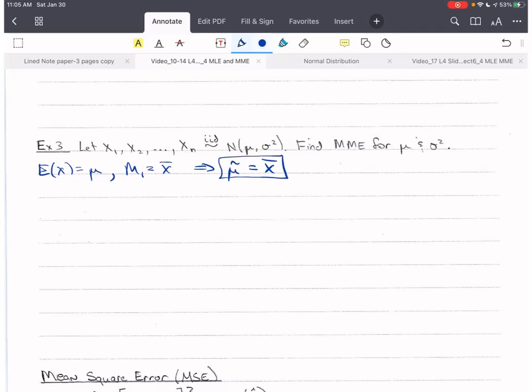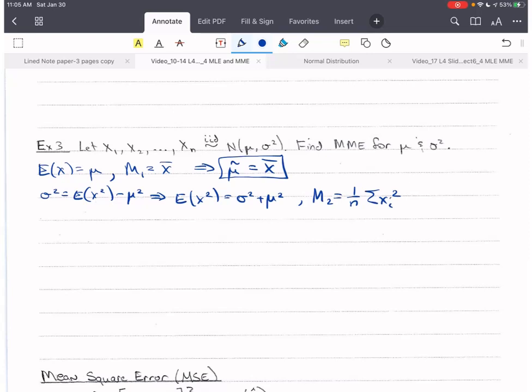That's easy. And then we have that sigma squared is E of x squared minus mu squared, which we're solving for E of x squared. Oh no. E of x squared is equal to sigma squared plus mu squared. And now we know that M2 is equal to 1 over n sum of xi squared.